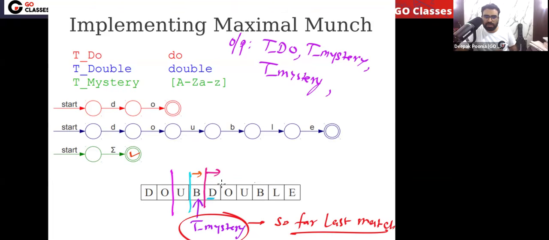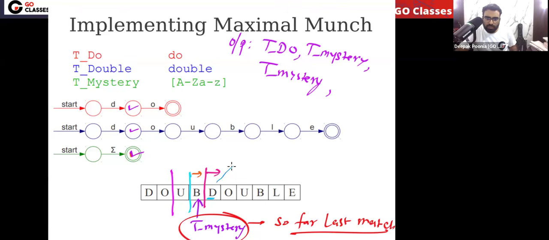Now you will read the symbol D. You will run all these NFAs in parallel. When you read character D, the first NFA will be here, the second NFA will be here, and the third NFA will be here. Because the third NFA is in the final state, you can put a marker here.